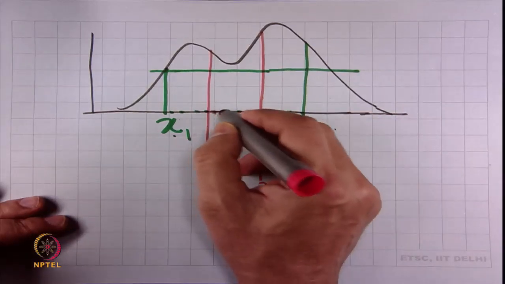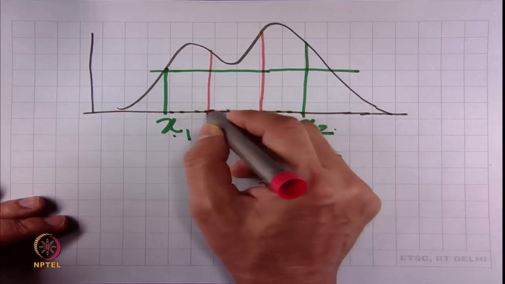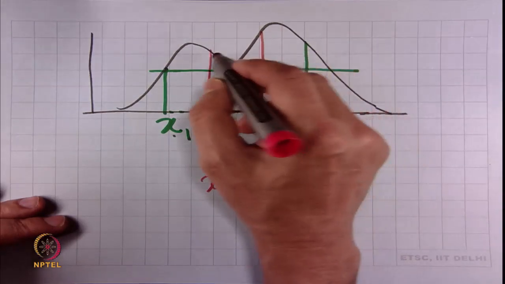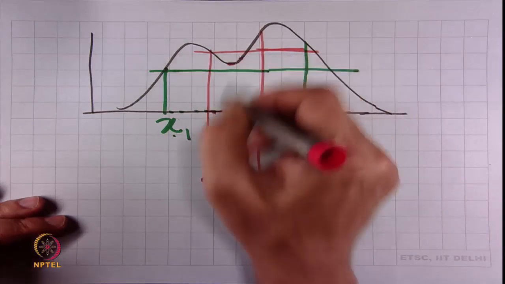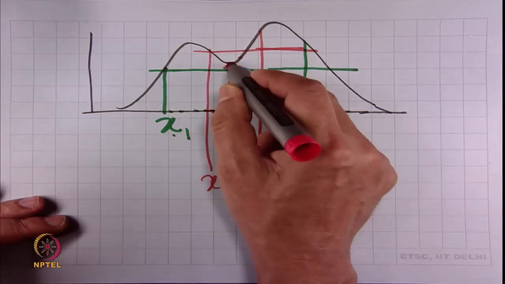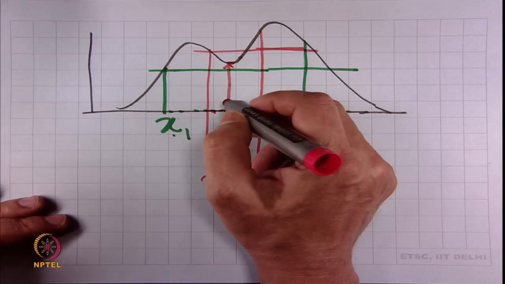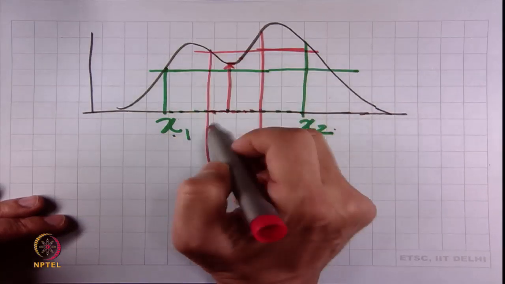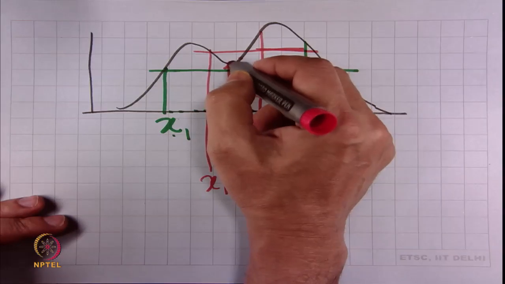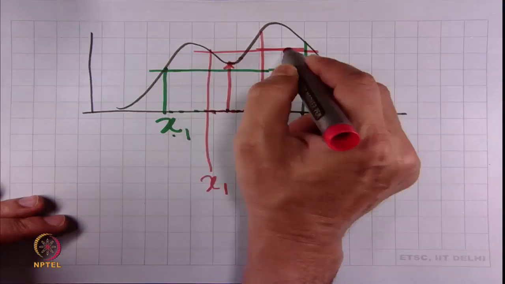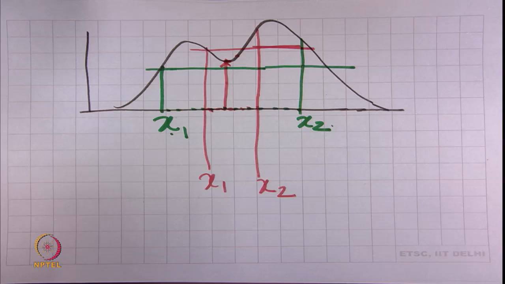So, these are the set of points lying on the line joining x 1 and x 2, and we can see that there are intermediate points whose membership is not greater than equal to the minimum of mu A x 1 and mu A x 2. In fact, you can see that it is smaller than that. This happens because this is not a convex fuzzy set.